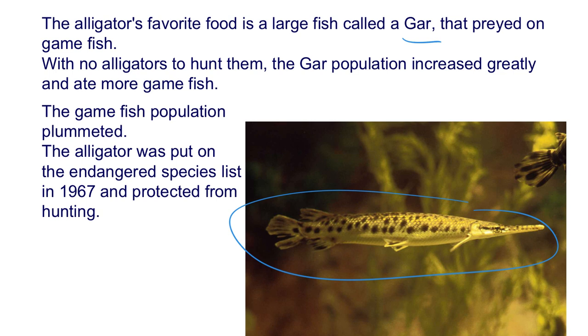And so when this prey, the major prey of the alligator, was released from the limiting factor of predation by the alligator, what happened was there was an overpopulation of these guys, and they fed on much more than they did before because there were fewer numbers of game fish children.